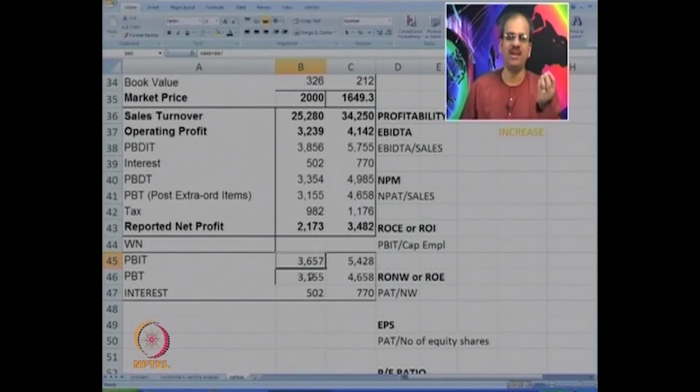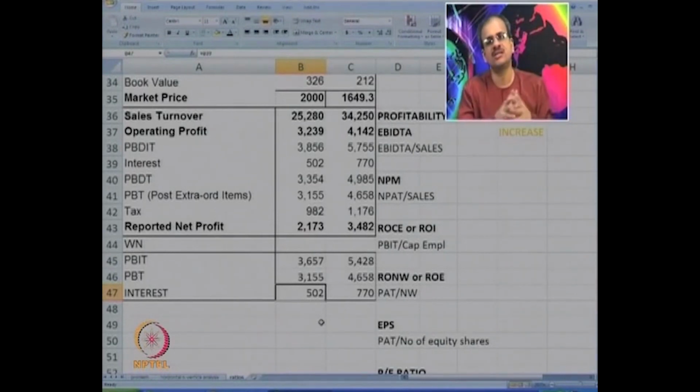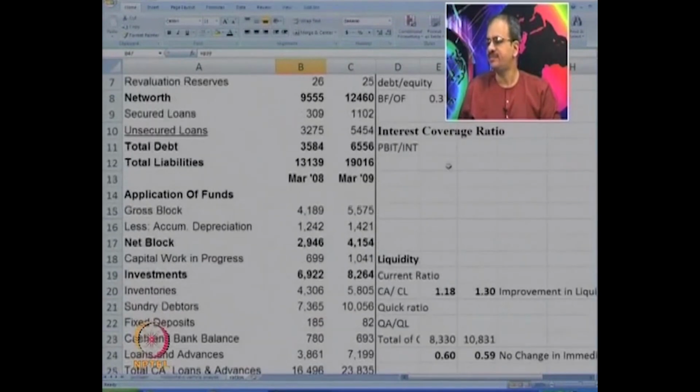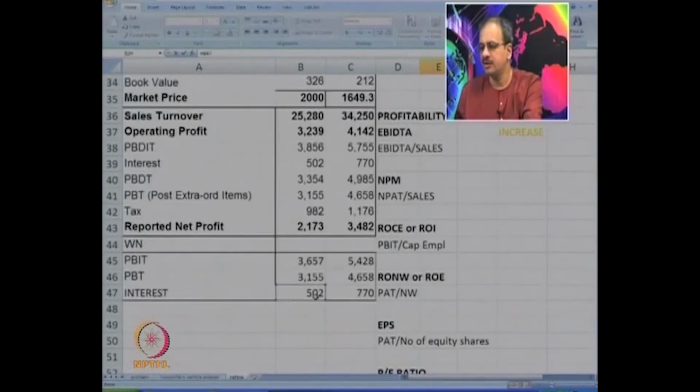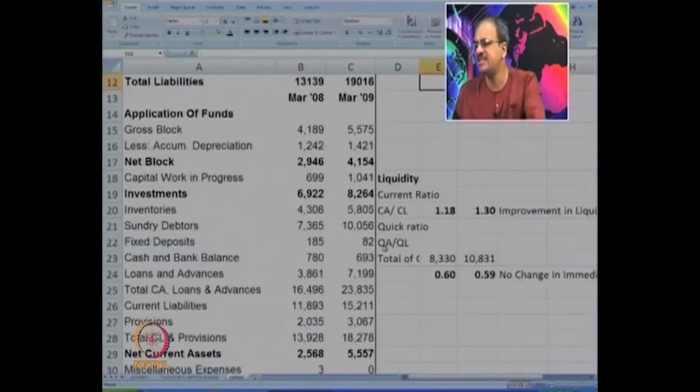This is the profit which is available for paying interest. If you divide it by interest, you get the interest coverage ratio. This shows how many times the interest is covered by the available profits. So, let us try to calculate. It is PBIT divided by interest.